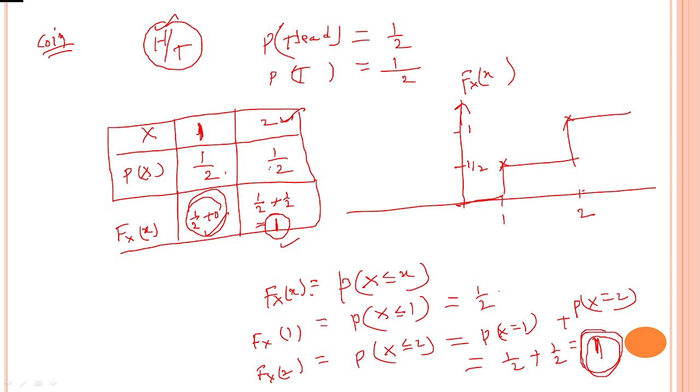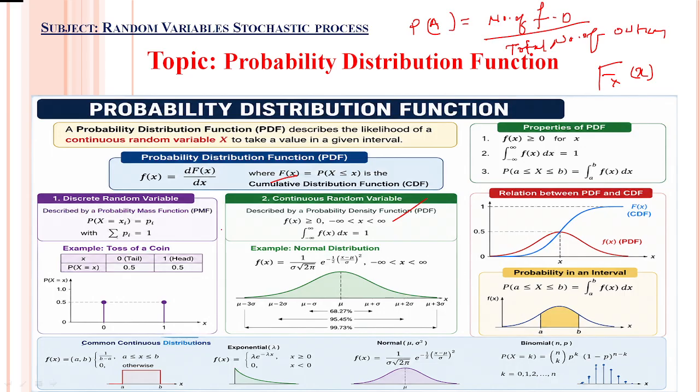So this is the mathematical representation for the probability distribution function. It is also a probability only, but it describes graphical representation, then it is called the probability distribution function.